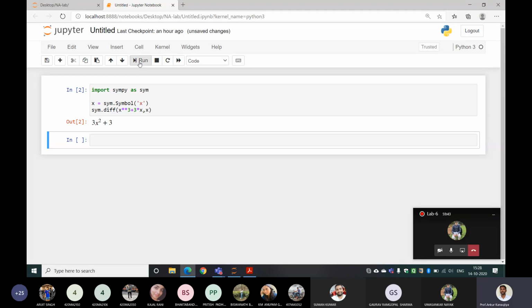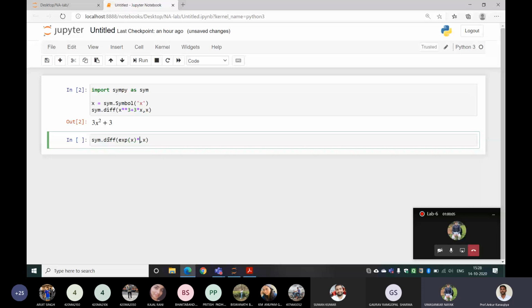Yes, fine. Someone said some hyperbolic function. Tell me that function, I will differentiate that one. sym.diff of exponential x into cos hyperbolic x with respect to x.